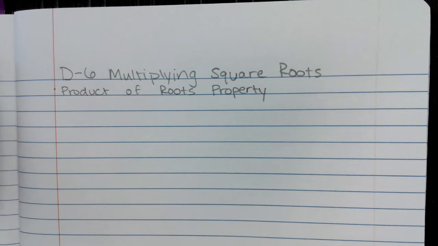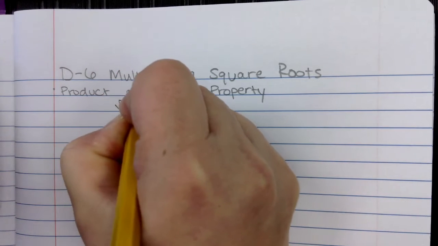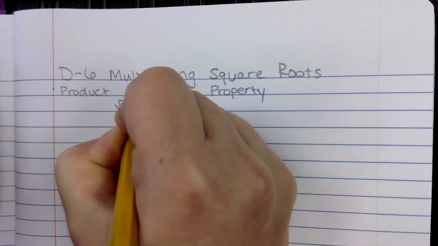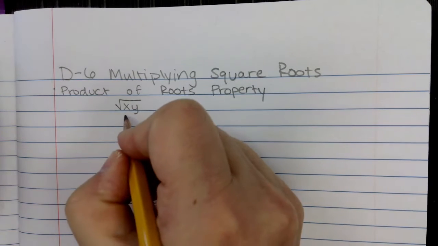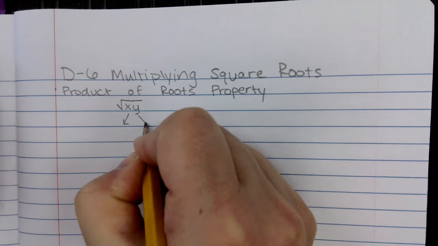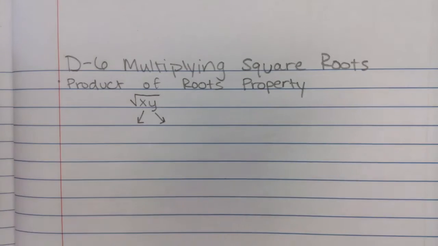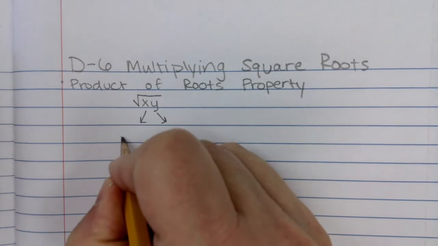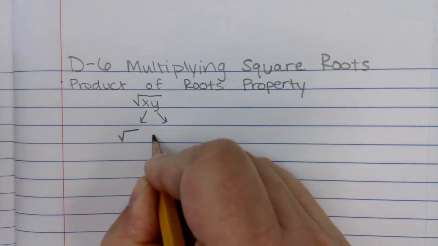So this is what we did earlier: if I had the square root of x times y, similar to our warm-up, how could we break that apart? Well, there's two parts. The square root of what times the square root of what? Yeah, x and y.